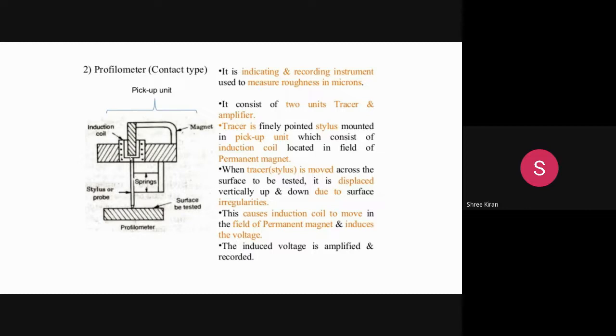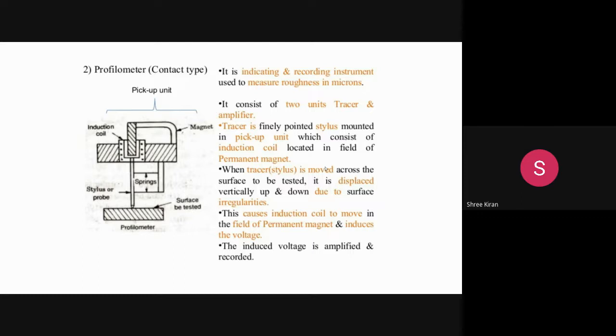This stylus is mounted on the pickup unit, which consists of an induction coil located in the field of permanent magnet.